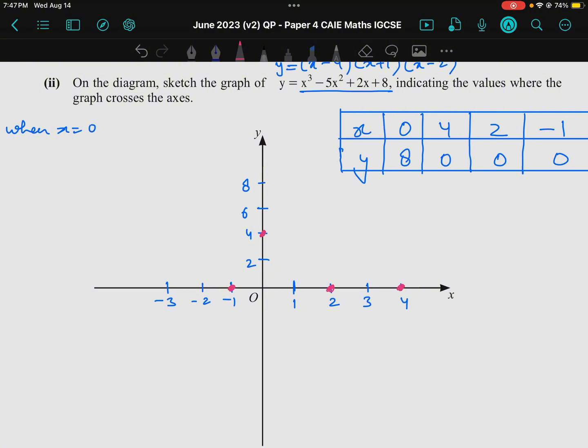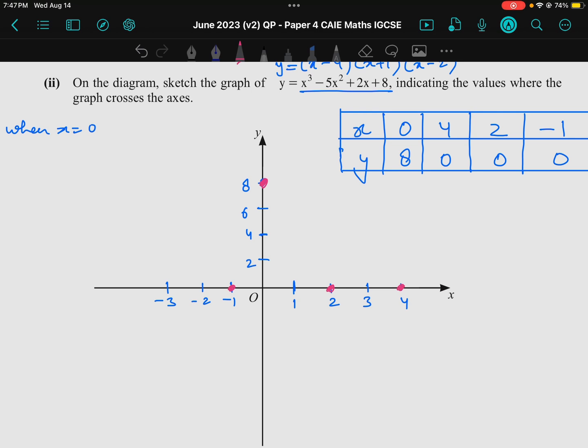When x is 0, y is equal to 8. This I need to change, sorry for this one. When x is 0, y is equal to 8. So this is the point.